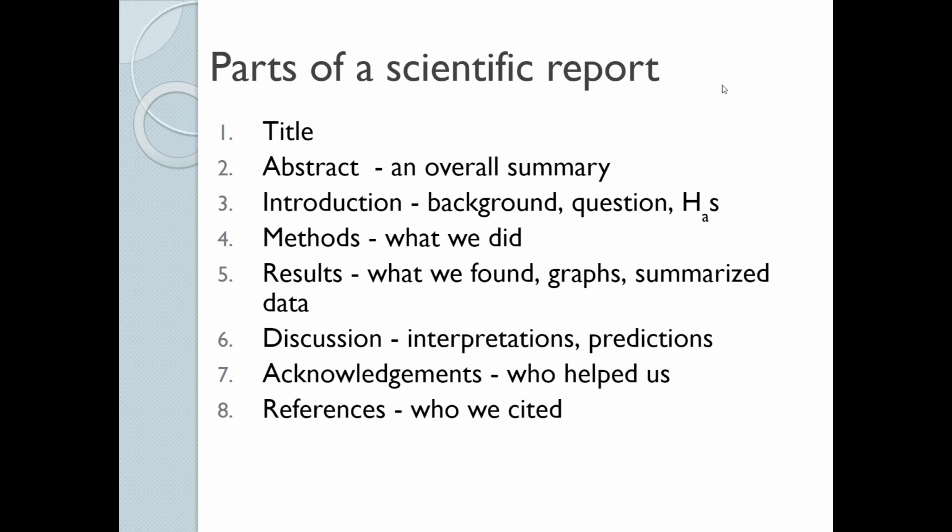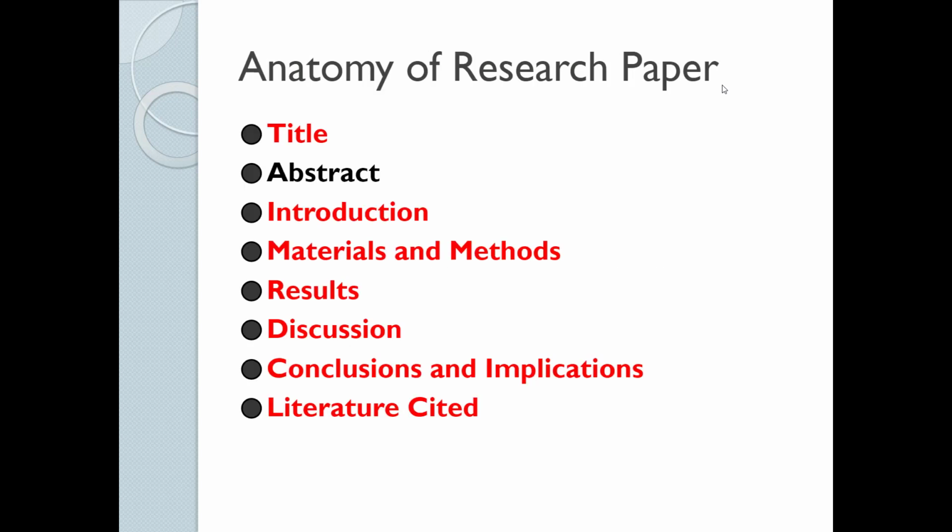And so the major parts of the scientific report are what we're going to go over pretty thoroughly in this lecture, minus the abstract. And so we'll leave discussions about the abstract, how to construct one, everything that it entails to the end of the semester.